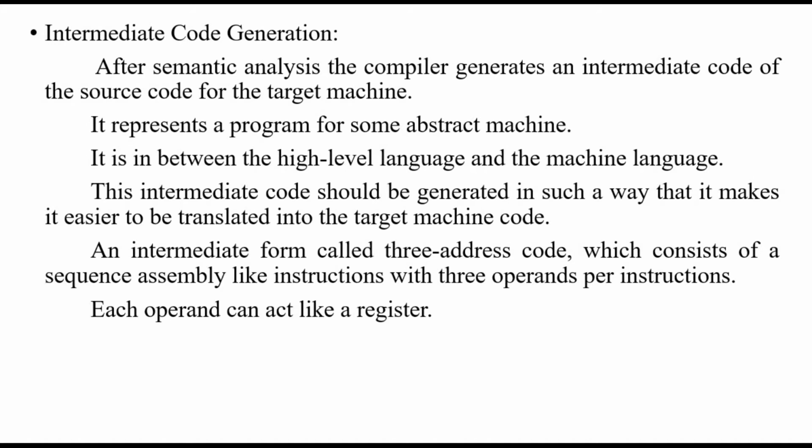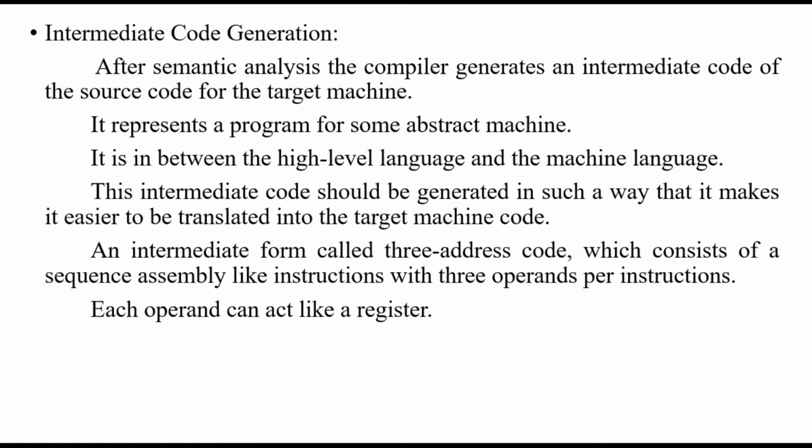This intermediate code should be generated in such a way that it makes it easier to be translated into the target machine code. An intermediate form called 3-address code consists of a sequence of assembly-like instructions with 3 operands per instruction.